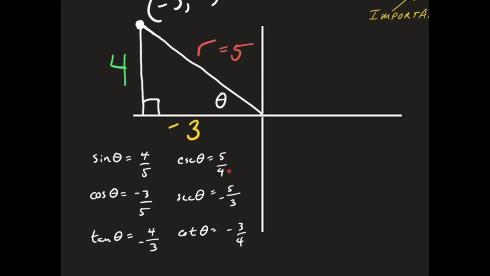Sine and cosecant will always be positive in the second quadrant. Notice there's my negative, another negative, another negative, and another negative. The remainder is negative.